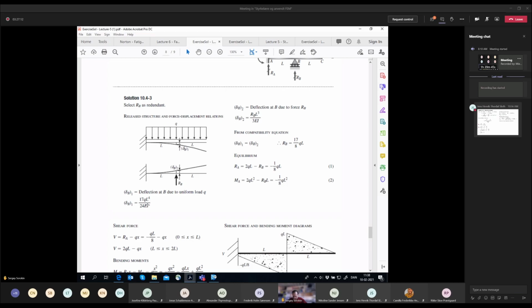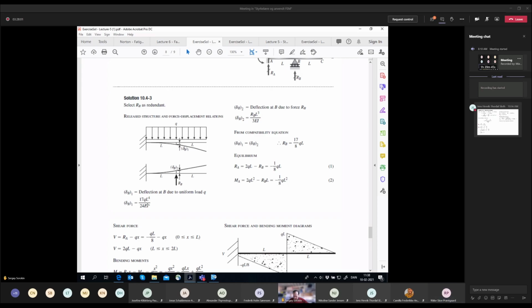The next thing is that our x equals L and our a equals L. If you substitute these into the formula, you get exactly this result, RB L cubed divided by 3EI.